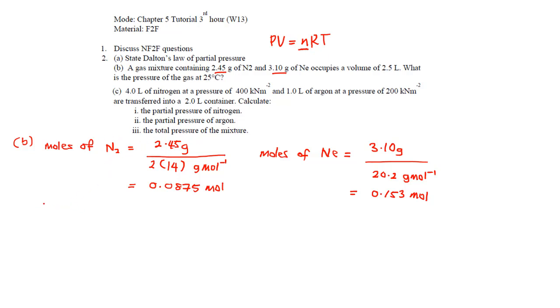We rearrange the ideal gas equation PV equals nRT to P equals nRT over V. The number of mole of nitrogen gas we calculated earlier is 0.0875 mole.